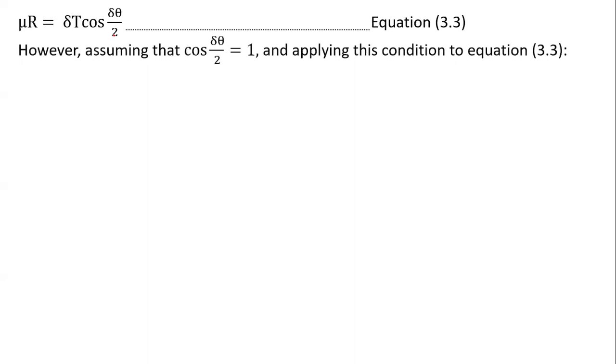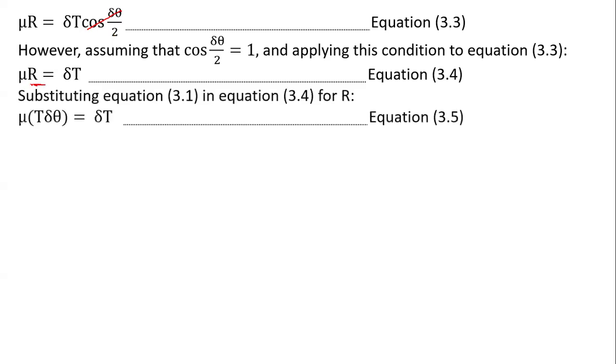Now, assuming that this cos d theta over 2 is equal to 1, meaning the whole of this will have to dissolve. So you have mu R, therefore, is equal to delta T. But if I refer you back to equation 3.1, we said R was representing T delta theta. So in place of R, we put T delta theta.